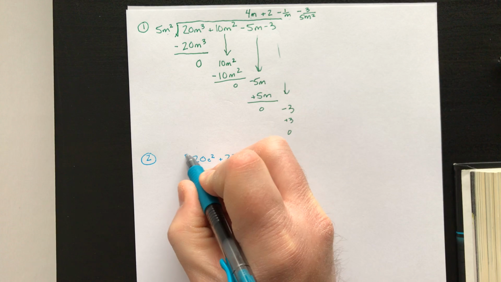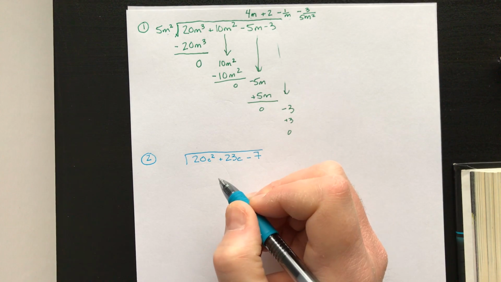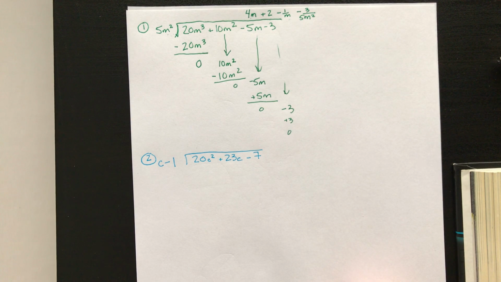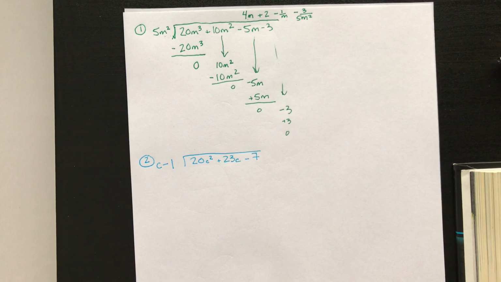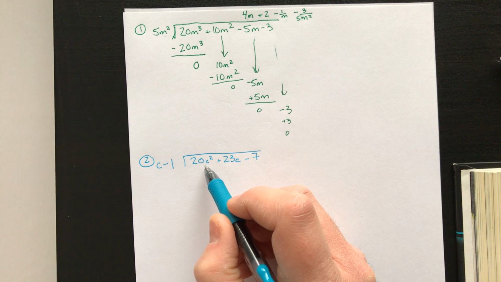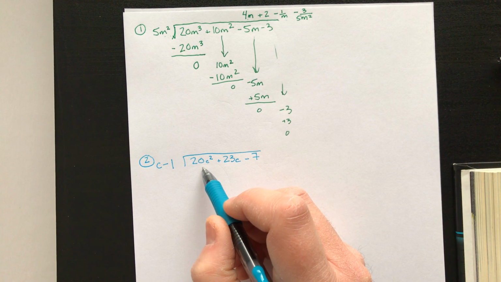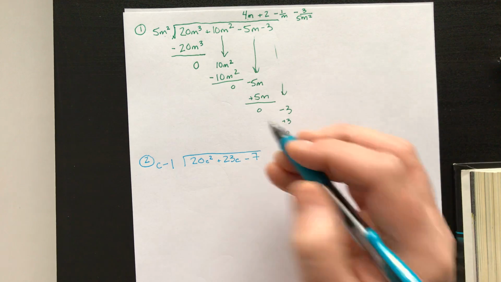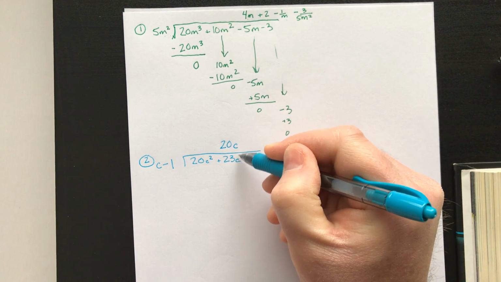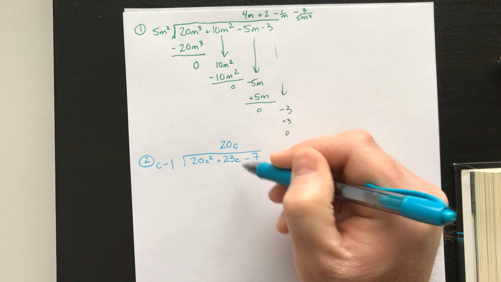And this is divided by c minus 1. Okay? So now we have to ask ourselves, what do we multiply by the c to get a 20c squared? Well, we would need to multiply by 20c. And I'm going to put that 20c over top of where the other c is.